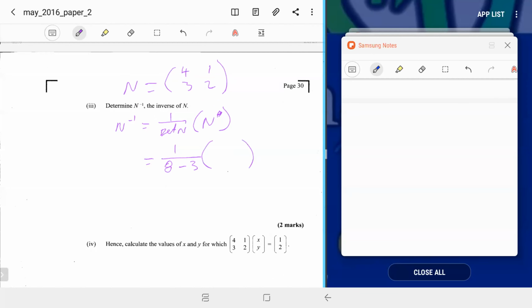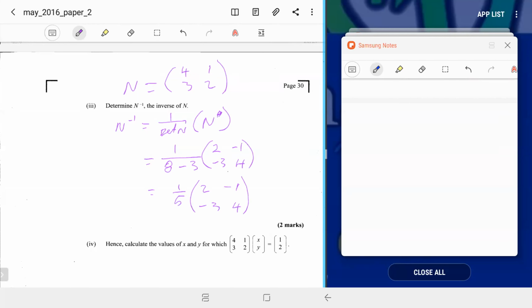Multiply by the adjoint. Interchange the elements on the leading diagonal. Interchange those two: 2 goes up here, so 4 goes down here. Leave these two where they are, but change the sign: -1, -3. Simplify this: 1 over 5 bracket 2, -1, -3, 4.